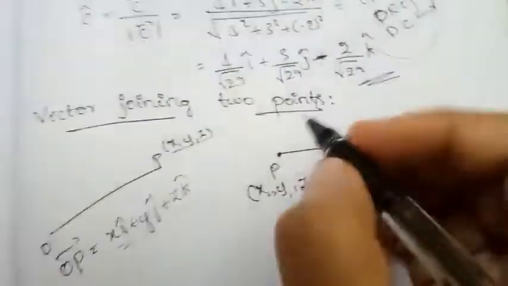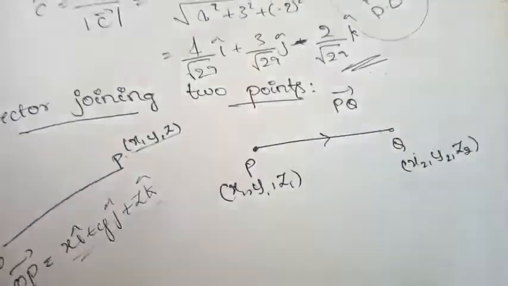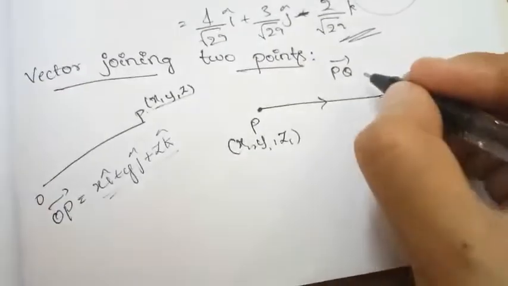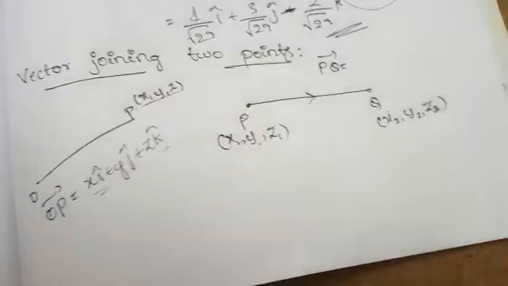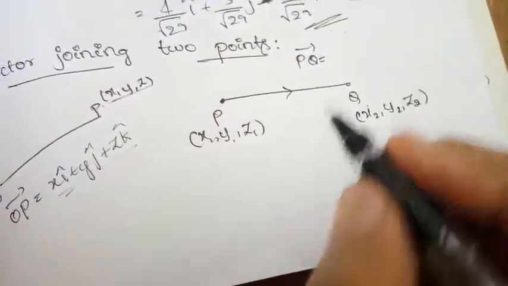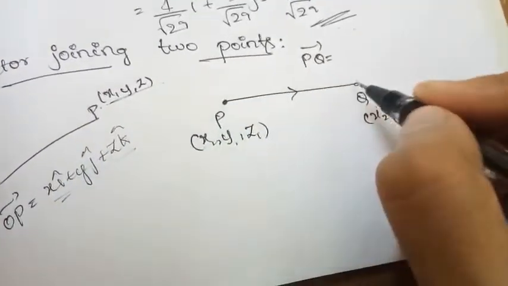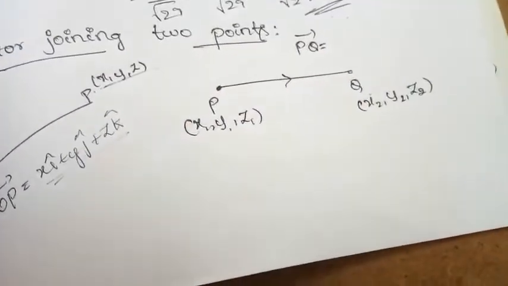And now we are going to find the vector joining these 2 points. Suppose I need vector PQ. How are we going to write vector PQ? Observe clearly. P is our initial point, Q is our terminal point.